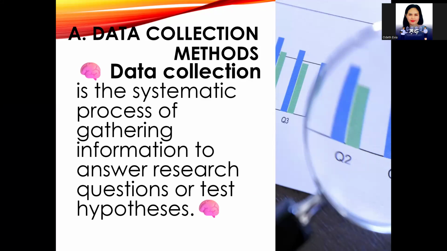How you will collect your data is stated in chapter 3 of your research. As BSIT students or BTVT Ed students, you are required to specifically indicate how you will gather data in your project development.